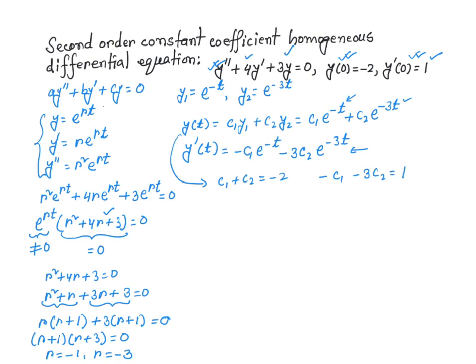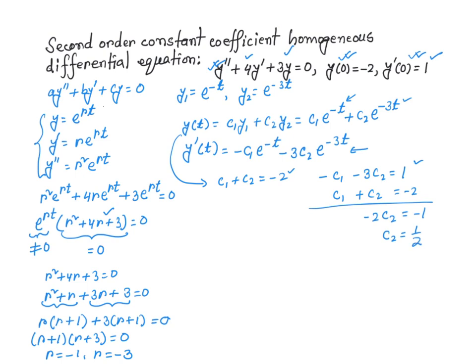Now I can just add these two equations, this one and this one. So c1 plus c2 is equal to negative 2. That's going to give me negative 2 c2 is equal to negative 1, or c2 is equal to 1/2.